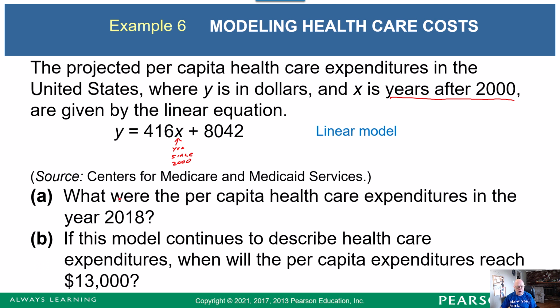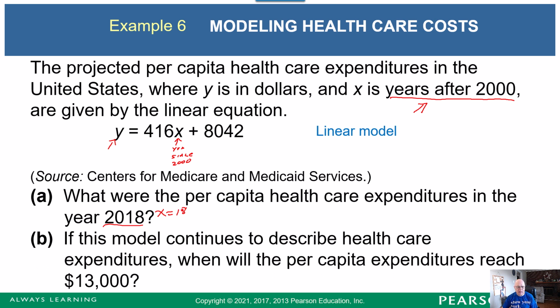First question is, what were the per capita healthcare expenditures in the year 2018? Well, these are the expenditures, and we're talking about 2018. So what would the X be if we're talking about the year 2018? We're talking about the years after 2000. So X would be 18 years after 2000.